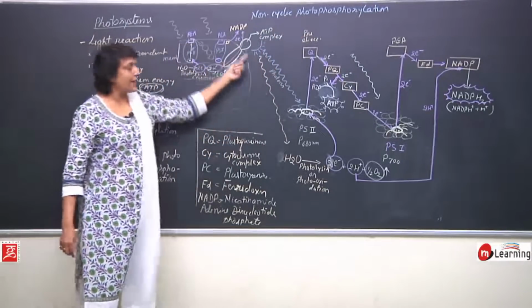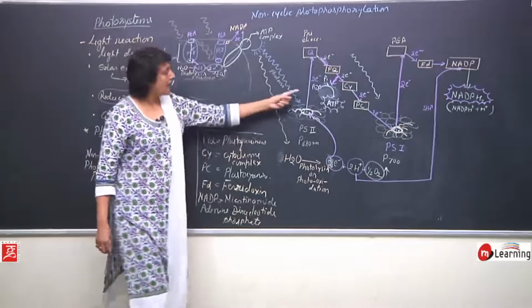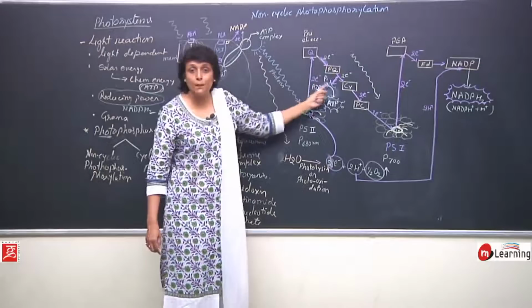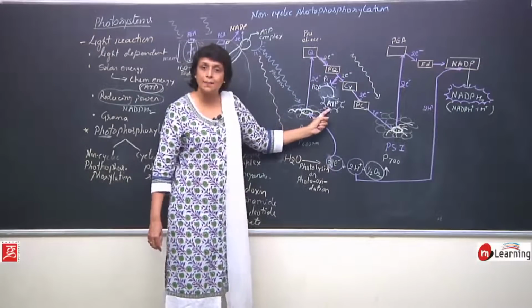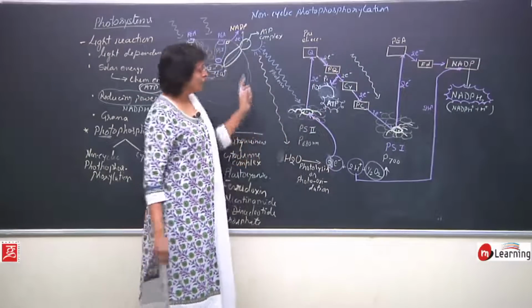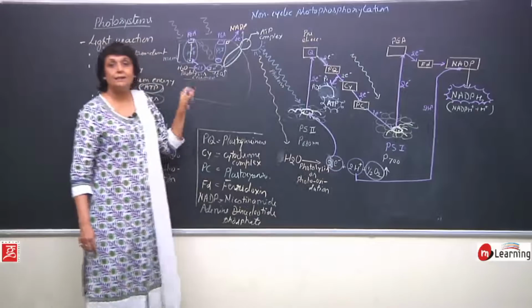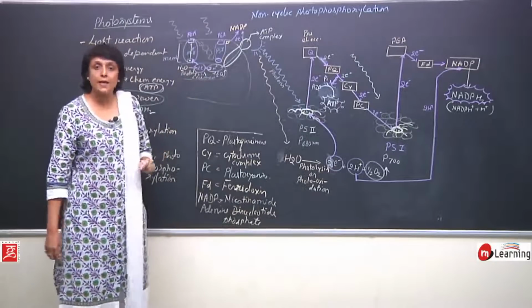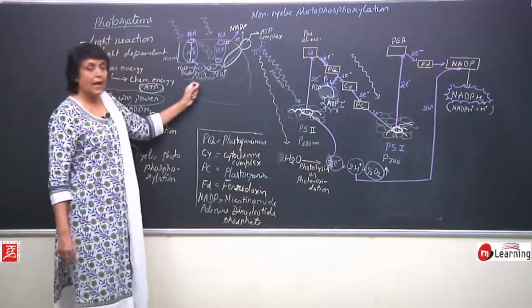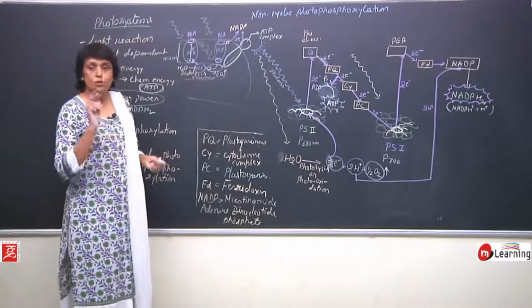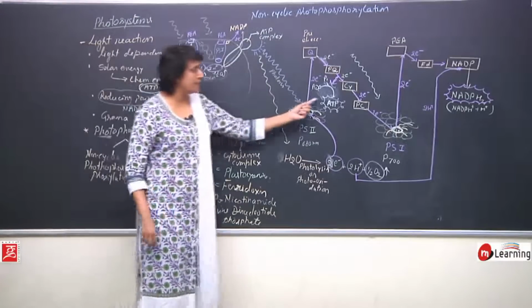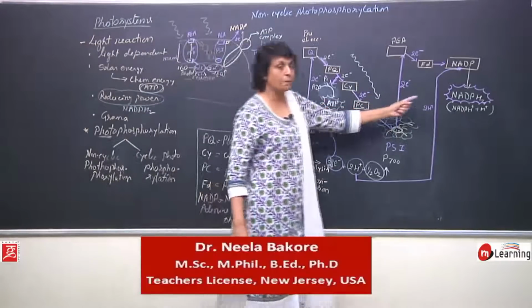Photophosphorylation, it is all light dependent. So, photo and addition of phosphorus to ADP is taking place to synthesize ATP. So, phosphorylation. So, this complete cycle represents non-cyclic photophosphorylation, and during this process two things are obtained. One is ATP, other is the reducing power.